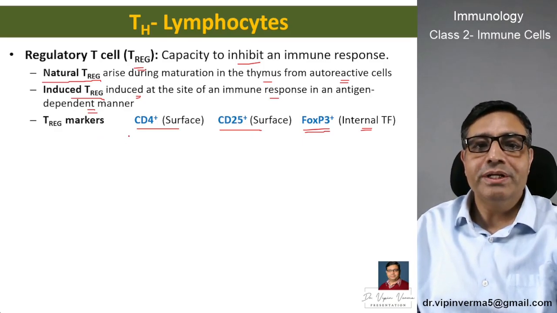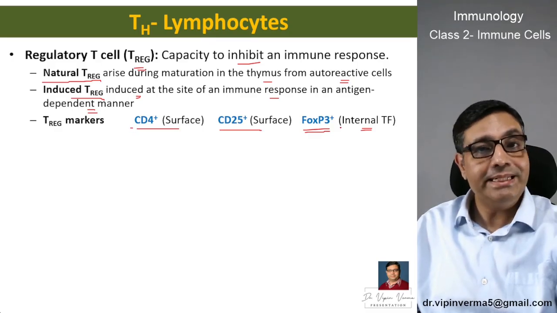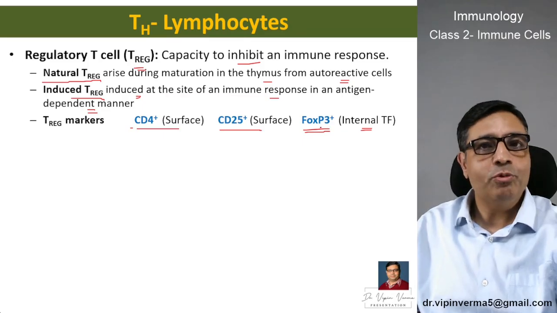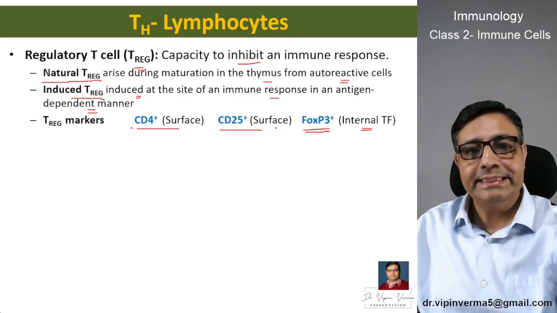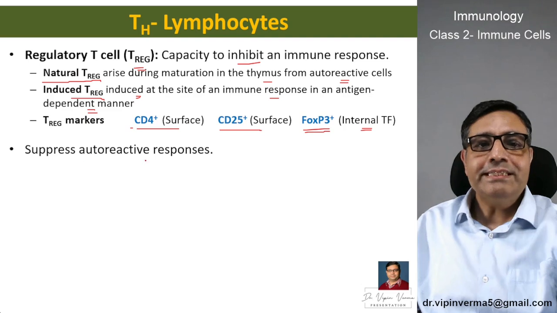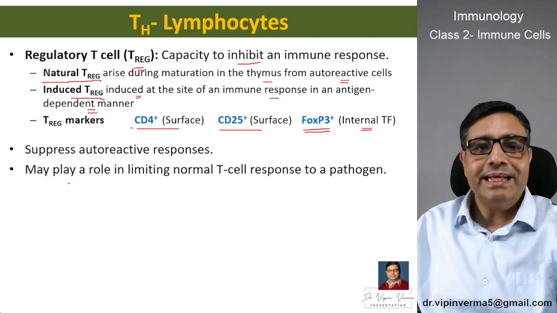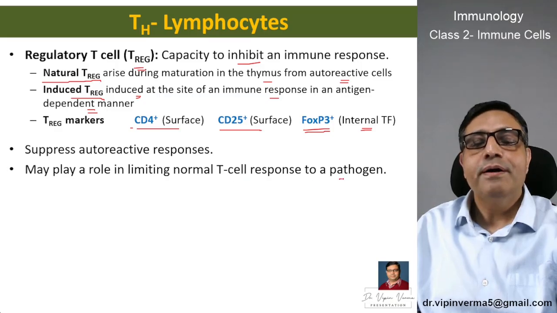So if we utilize monoclonal antibodies against CD4, CD25 and FOXP3, then definitely we will be able to isolate these cells. These suppress autoreactive responses, and they may play a role in limiting normal T cell responses to a pathogen.